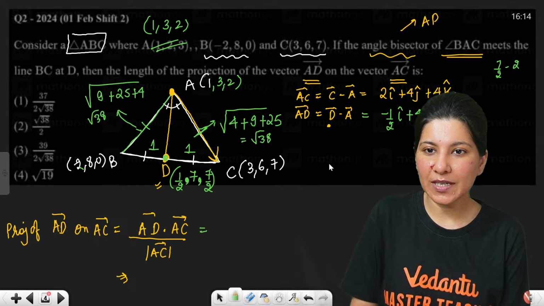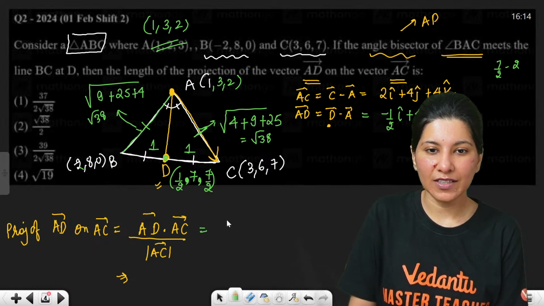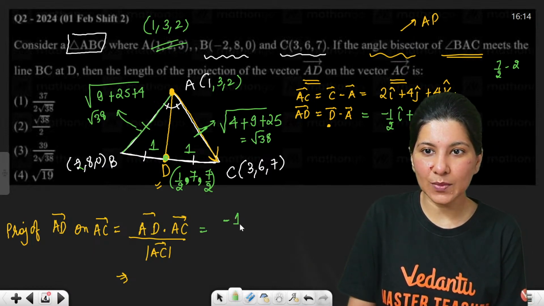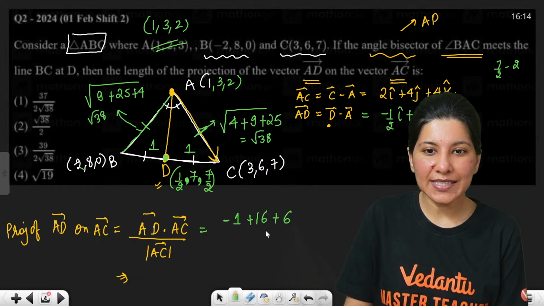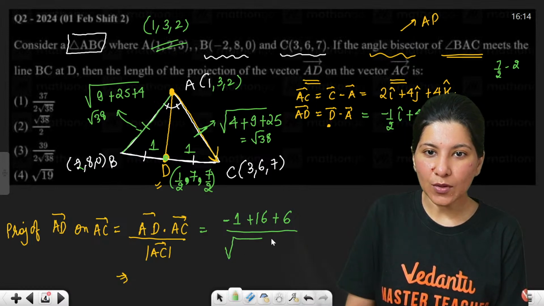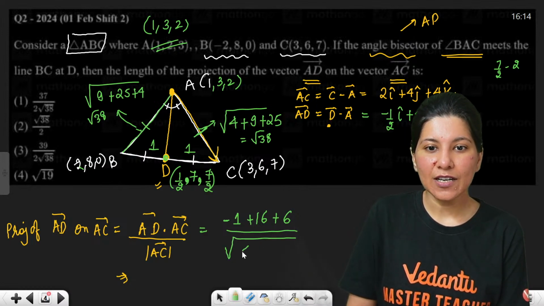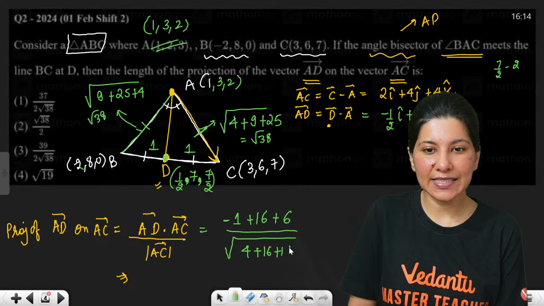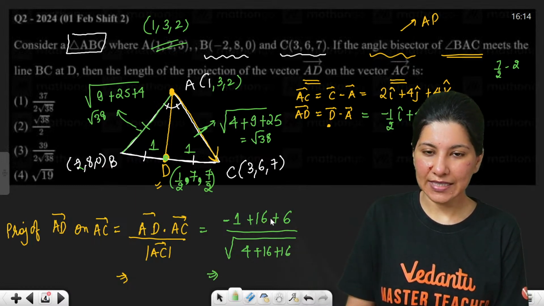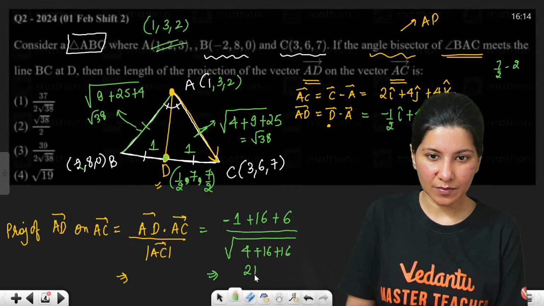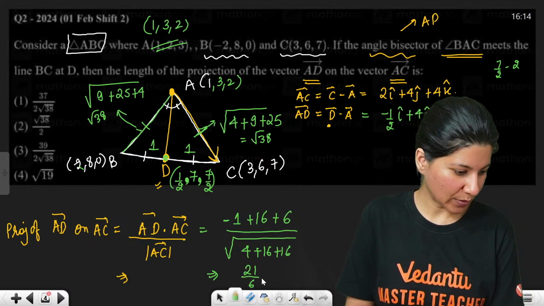So 2 into minus half is minus 1, then plus 16, and then 4 into 3 by 2 is 6, upon the square root of AC. AC is 4 plus 16 plus 16. So this is going to become 21 by 6. Is it 21 by 6?